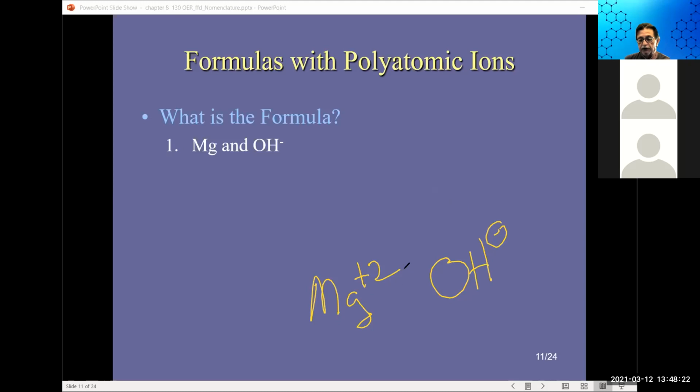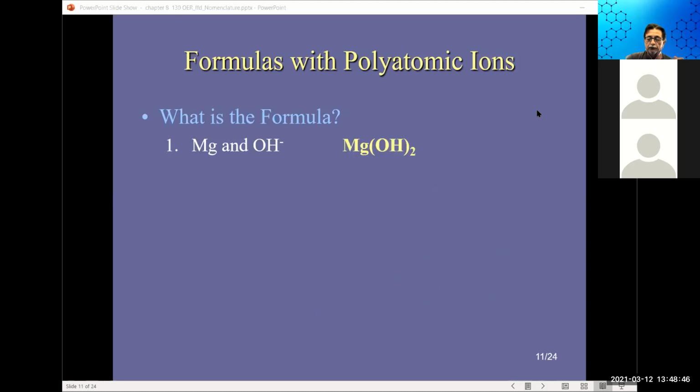So that means I'm going to need 2 hydroxides to cancel the +2 of the magnesium ion, which tells me I'm going to need parentheses around the hydroxide, and the subscript 2 outside the parentheses. So its formula becomes as follows, okay? And its name, we'll come back to the name, but it's magnesium hydroxide, AKA milk of magnesia, by the way, okay?